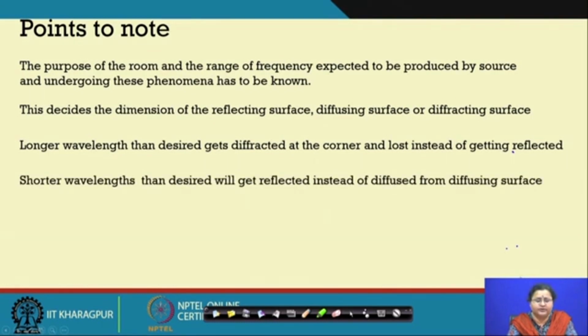As I already told you, wavelengths shorter than desired will get reflected instead of diffused from diffusing surfaces. That also I told, which can lead to short wavelength, large frequency, which will be directly reflected to the audience and create a glare.